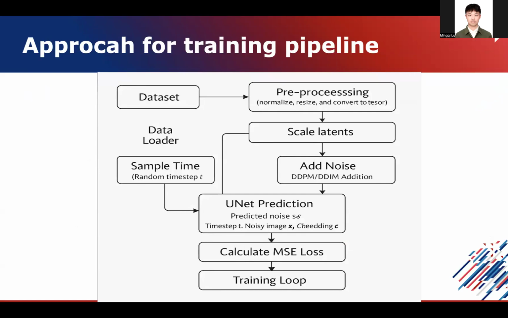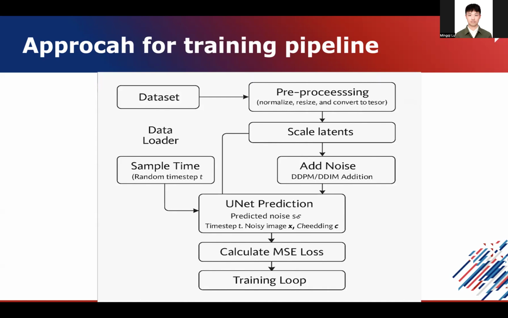Now let's walk through our training pipeline in detail. We start with the dataset. Each image first goes through pre-processing. Then, at each iteration, the data loader randomly samples a timestep t for each image. This timestep represents how much noise will be added. Based on the sampled t, we add noise to the latent representations.